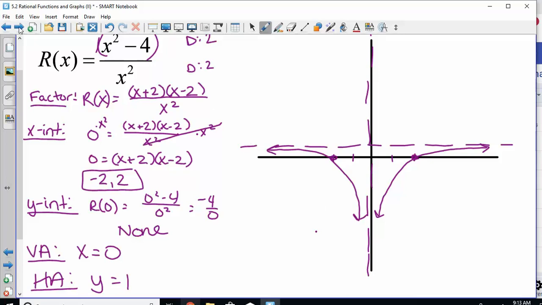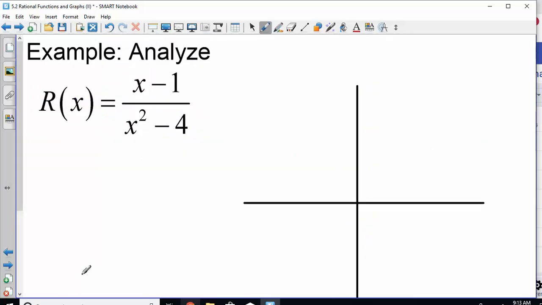Let's try some more. So first step is factor. Can't factor x minus 1.